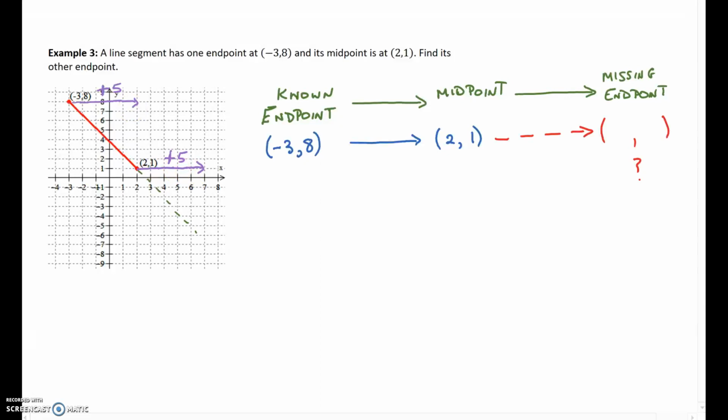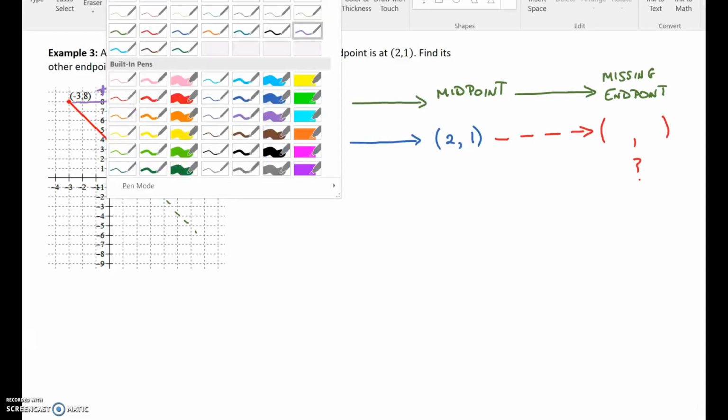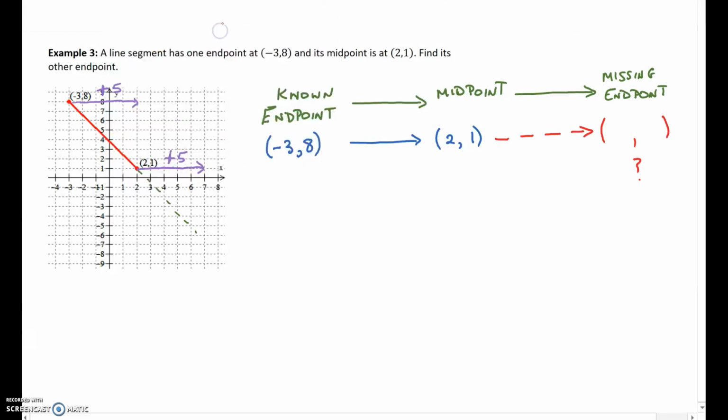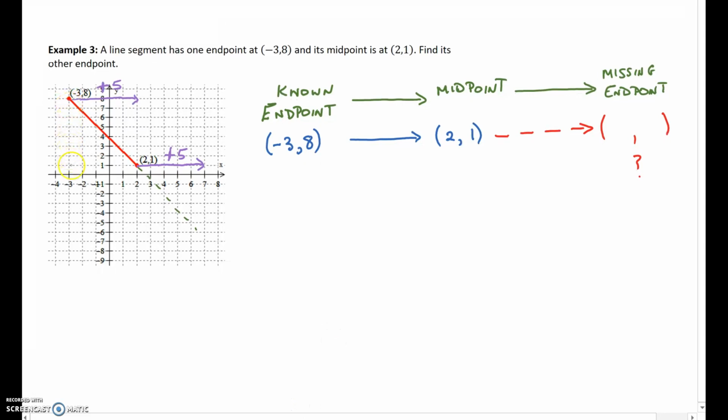Now, let's see if we can draw this in nice and neatly. To go from here down to the midpoint, to start at the endpoint and talk about how far we had to come down, we'd come down 1, 2, 3, 4, 5, 6, 7. So we had to come down 7, and we were coming down, so let's make it negative. Well, if we came down 7, we'd have to come down 7 as well.